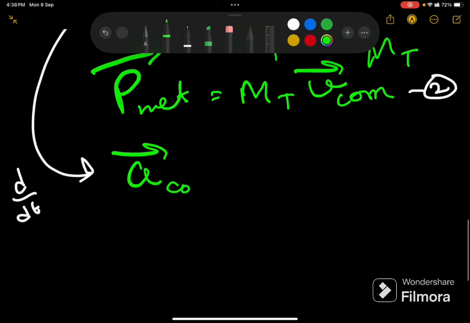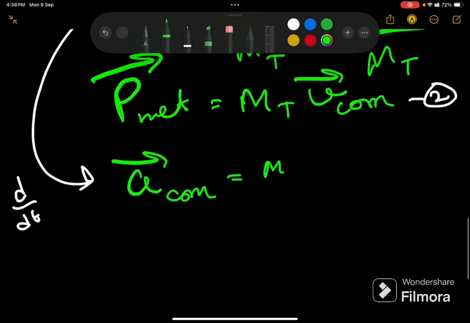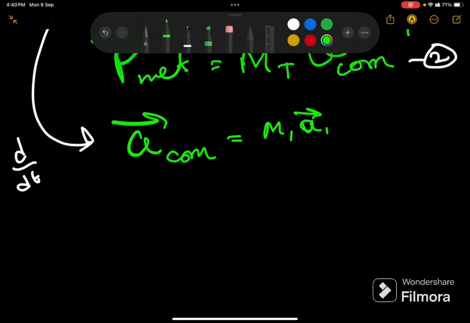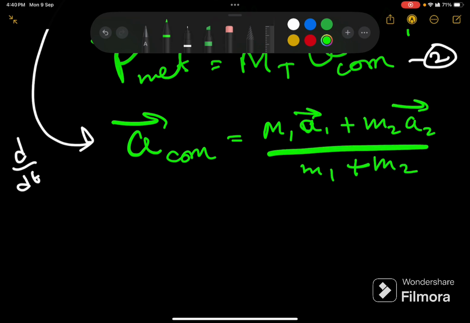So acceleration of center of mass equals m1 a1 vector plus m2 a2 vector by m1 plus m2.